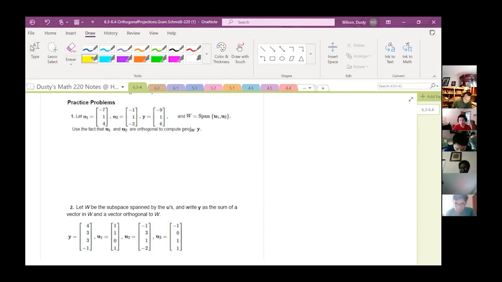So in the first one, I have U1 and U2 and Y given, and W is again the span of U1 and U2. And I want to use the fact that U1 and U2 are orthogonal to compute the projection of Y onto W. So my question is, the projection of Y onto W, what's our other name for that?